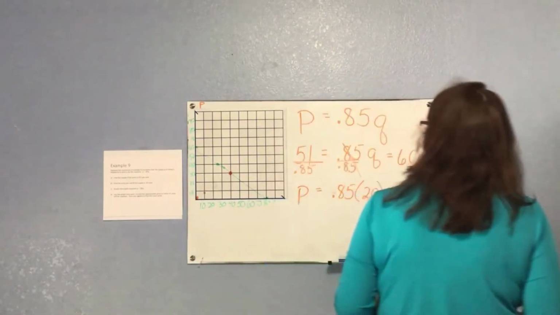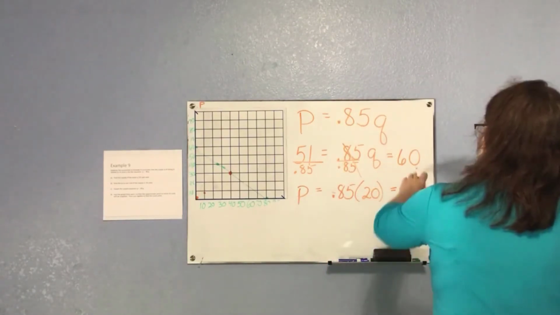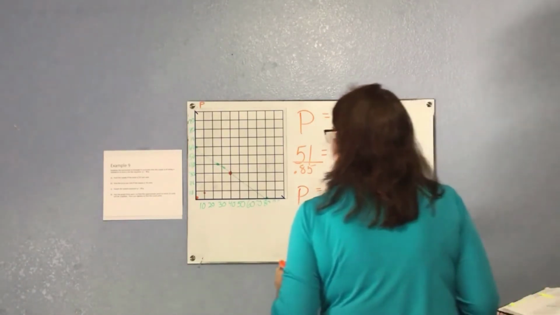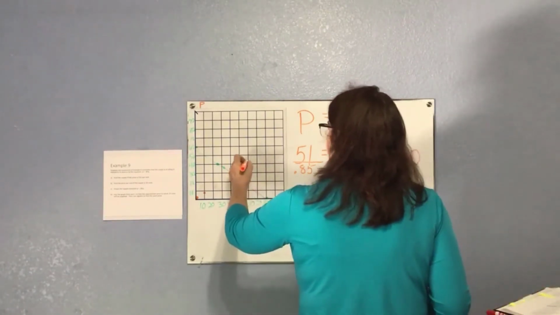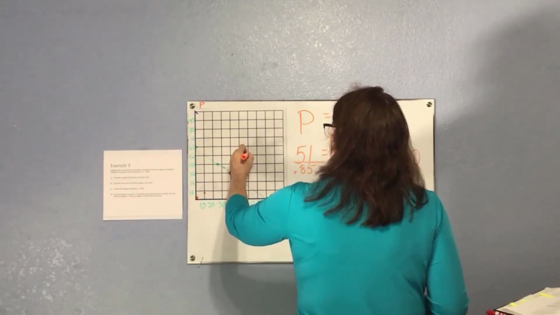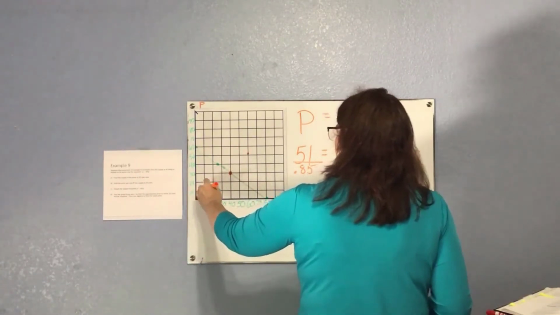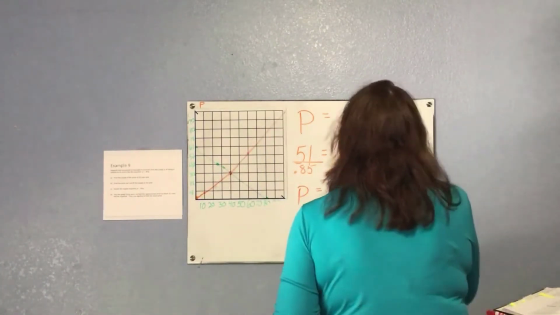And just to get another point that's maybe a little easier to work with, we had a point 60 and 51. So Q is 60, P is 51. So there's that curve.